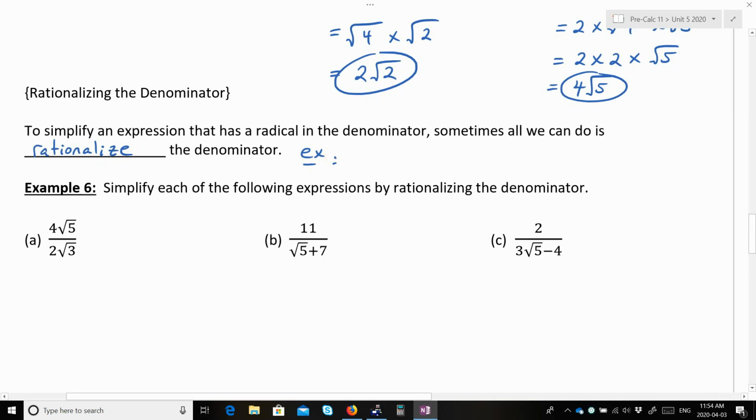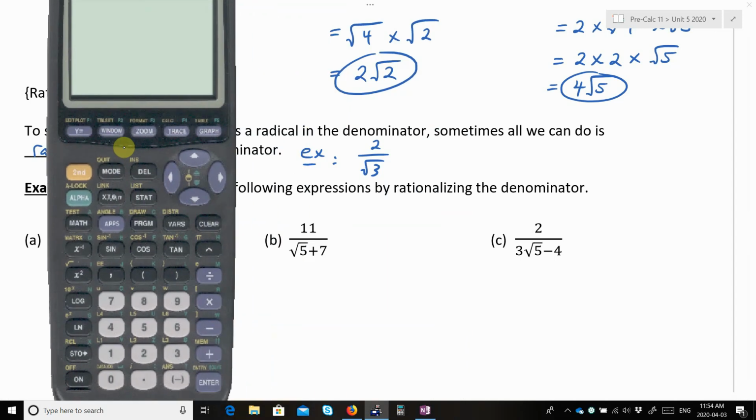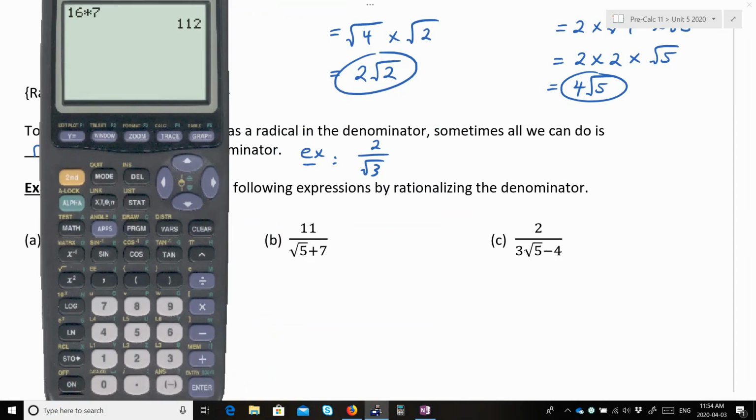Like, for example, if you have 2 over the square root of 3, the square root of 3 is not a very nice number. It's an irrational number, one where the decimal expansion actually doesn't stop, even though it looks like it does on the calculator. It doesn't stop and it doesn't repeat, and this is called an irrational number.